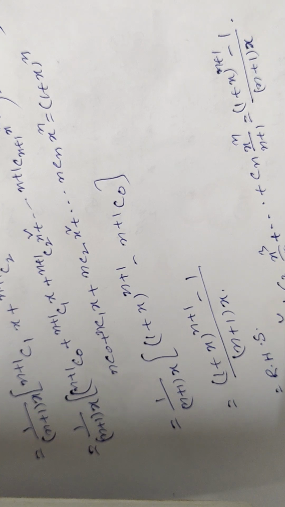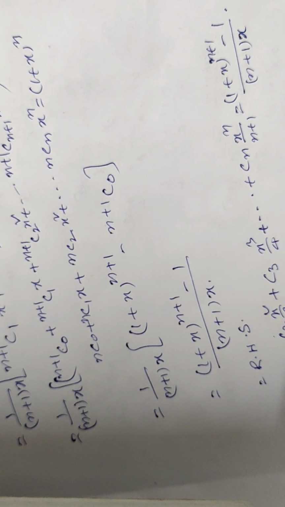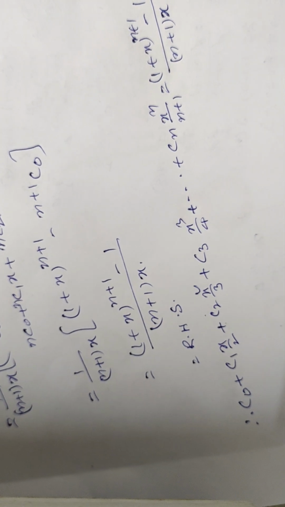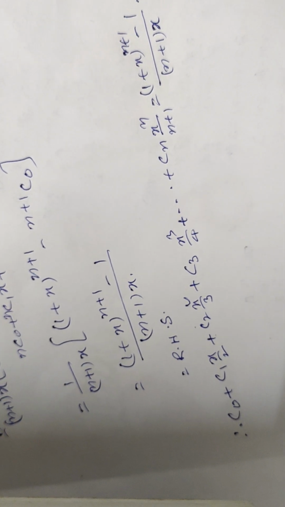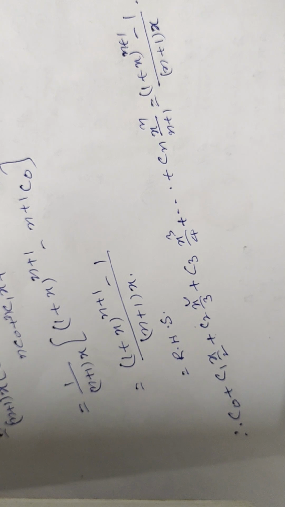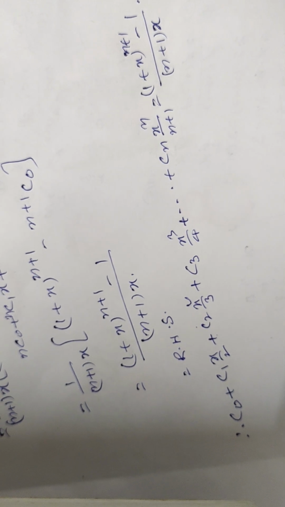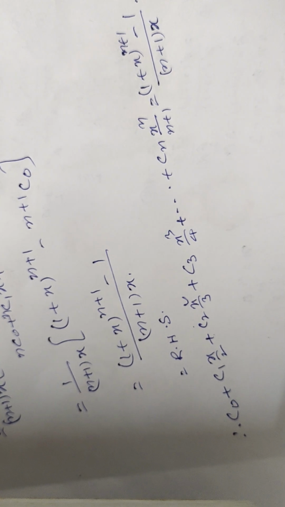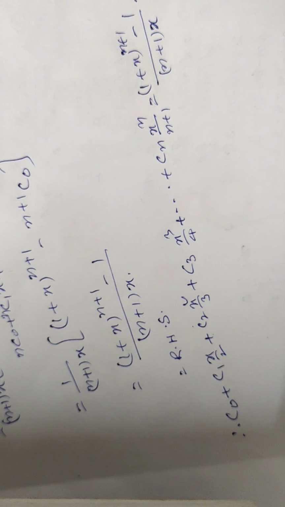That is (1 plus x) whole power n plus 1 minus 1 by n plus 1 into x. Therefore, LHS equal to RHS. C0 plus C1 into x by 2 plus C2 x square by 3 and so on, Cn into x power n by n plus 1 equal to (1 plus x) whole power n plus 1 minus 1 by n plus 1 into x. That's all.